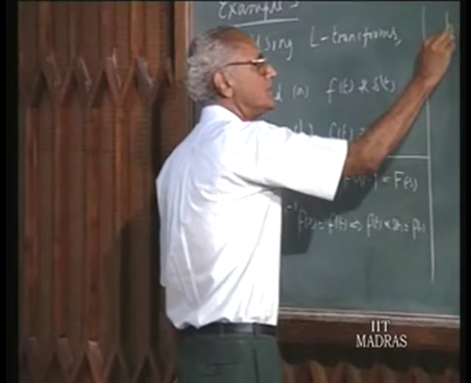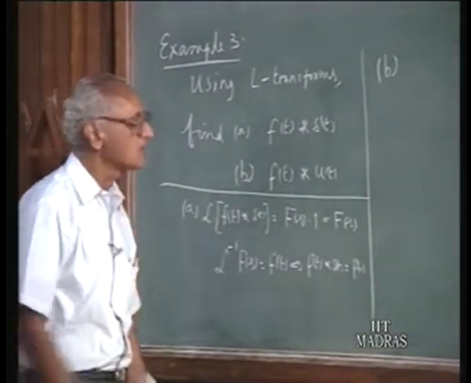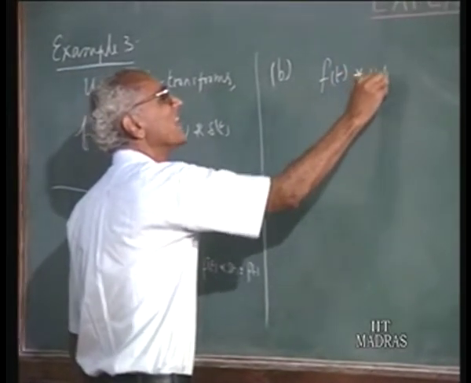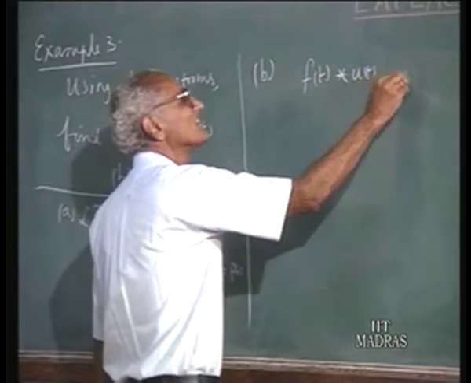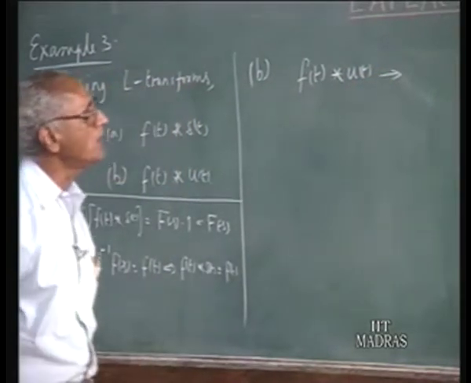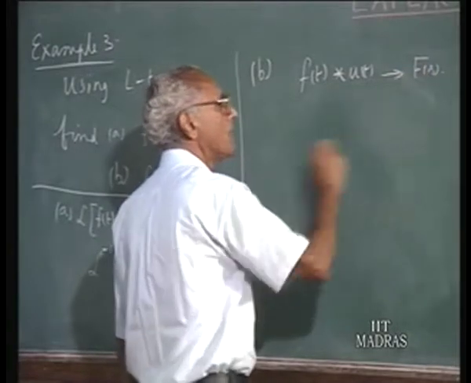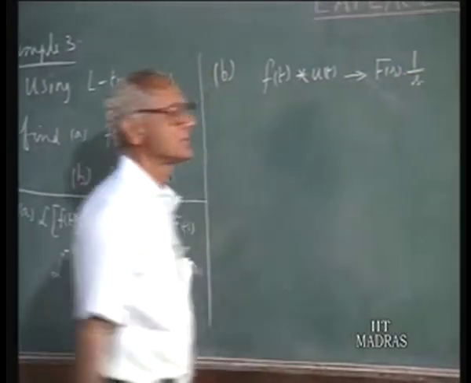Second question: f(t) convolved with u(t) has for its Laplace transform F(s) multiplied by 1 over s.